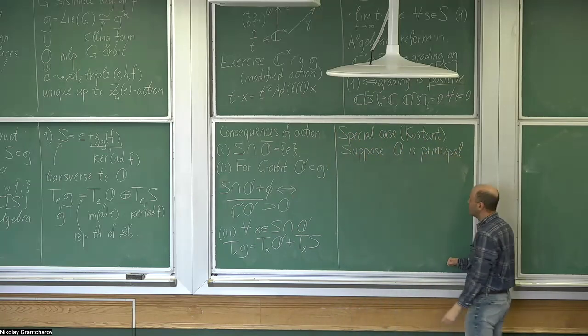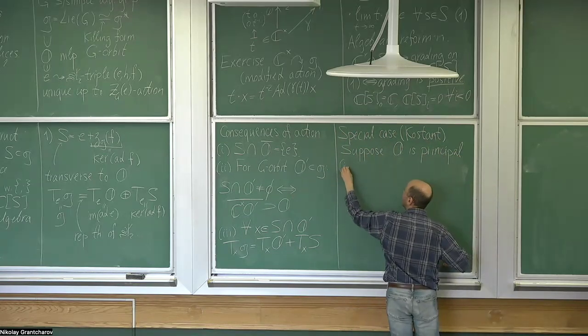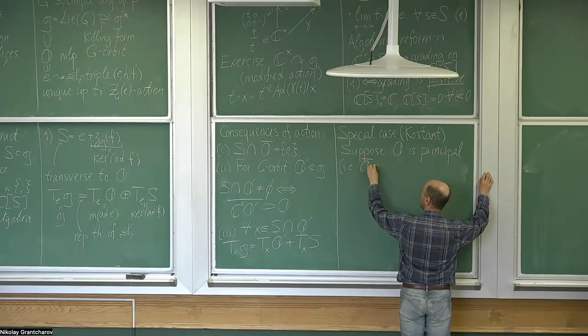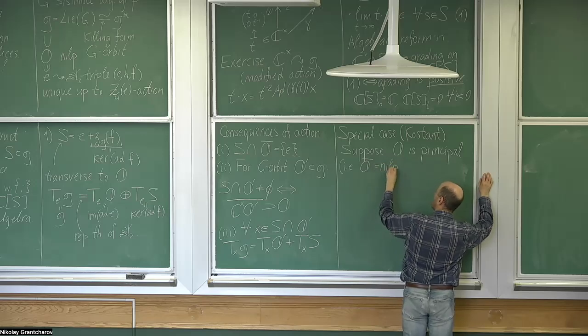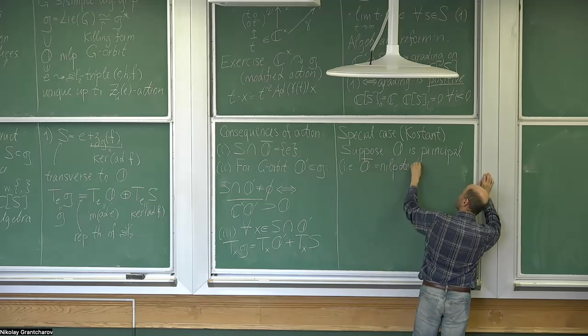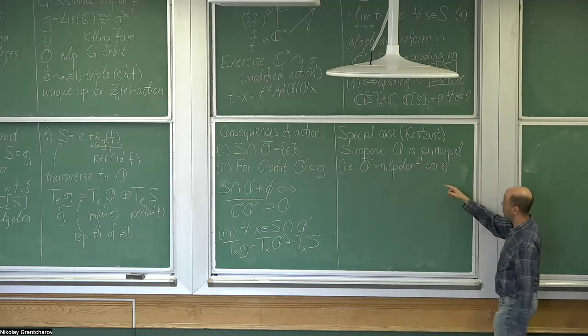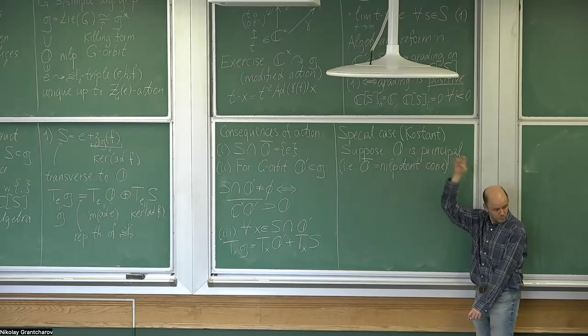What does this mean? It means by definition that the closure of O is just the entire variety of nilpotent elements, the nilpotent cone. For example, for SL N, it means that this is a single Jordan block.